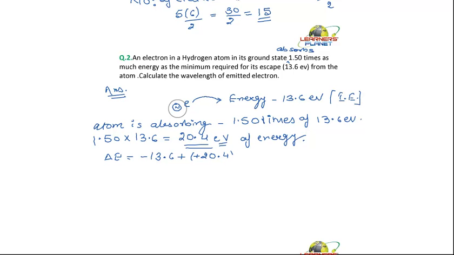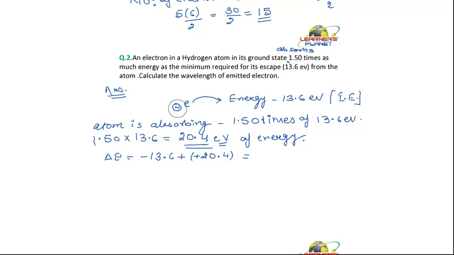The atom is absorbing this much energy. So after absorption of 20.4, the electron will get excited to some other orbit, and there it is going to have some different energy. So first we will calculate the energy of the electron in that orbit.